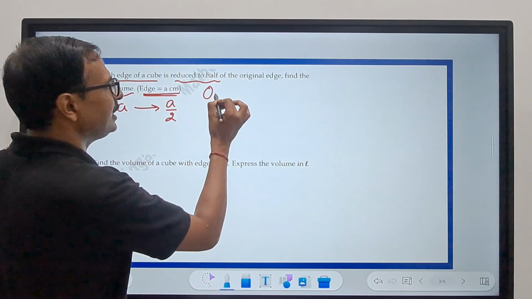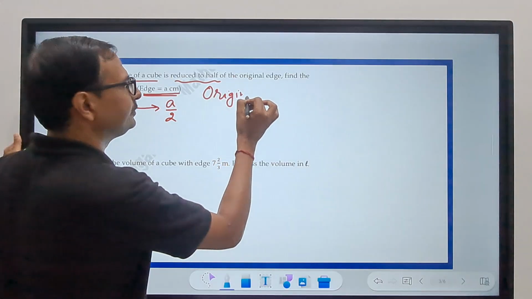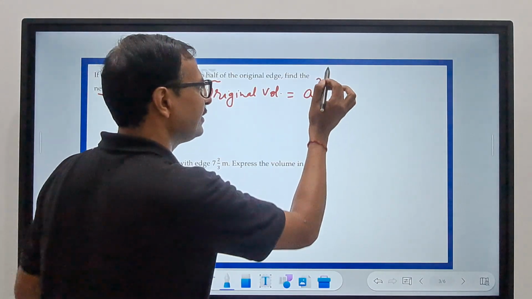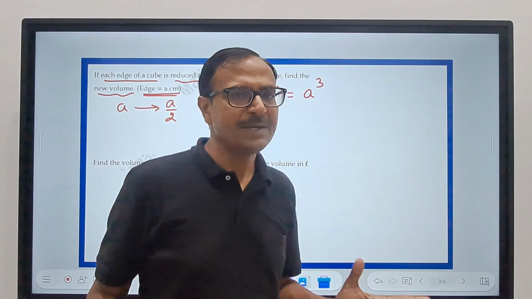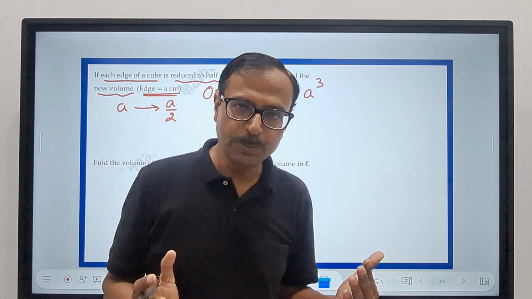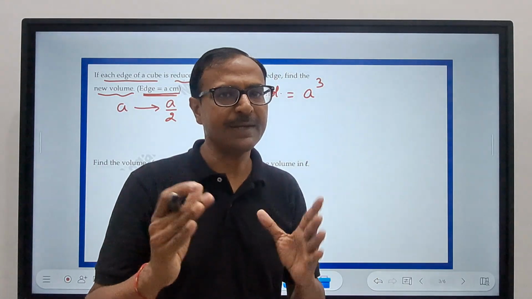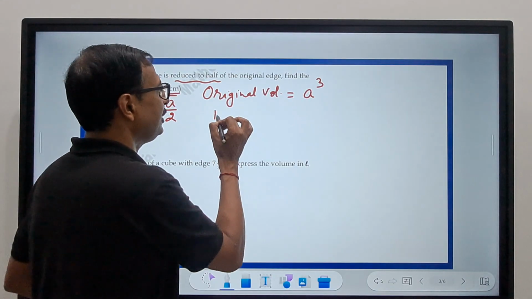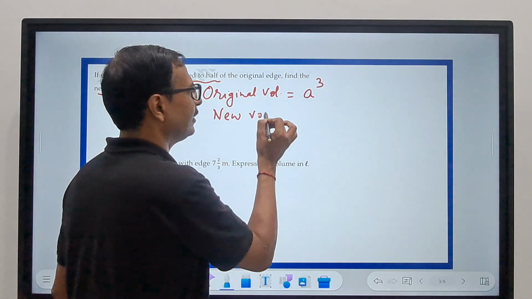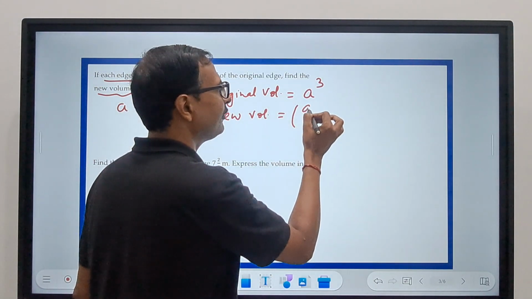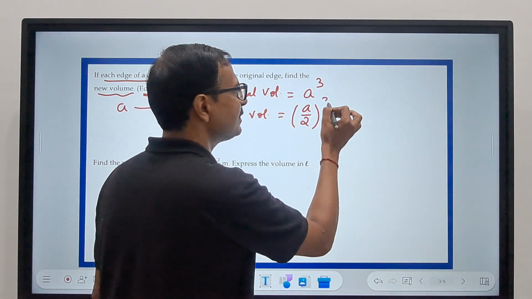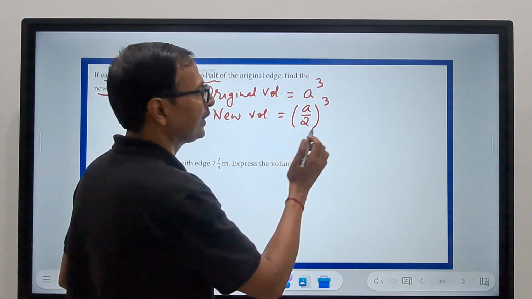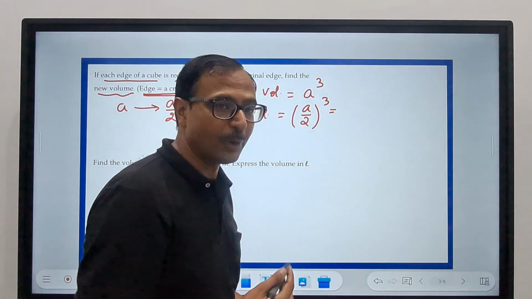If you see the original volume is A cube, right? What is the formula for finding the volume of a cube? Side into side into side, that is side cube or A cube. Now the new volume here will be the cube of A upon 2, because the side has been reduced to A upon 2. And so this is not A cube upon 2.